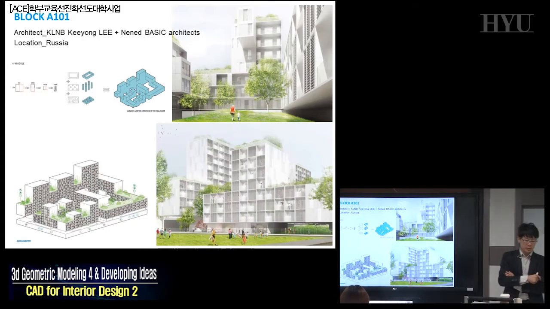Geometric alternatives generate this building mass, and then the facade design was also applied to that kind of rectangle-shaped modularized structure. So that is why this building looks very typical, but it's not typical. It's unique thanks to that kind of building mass.